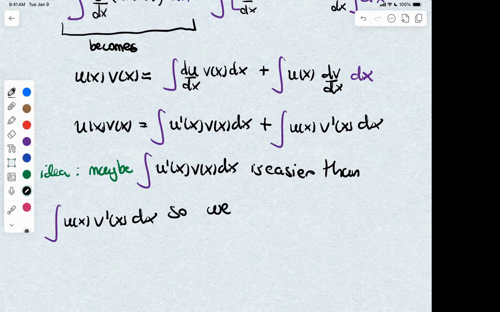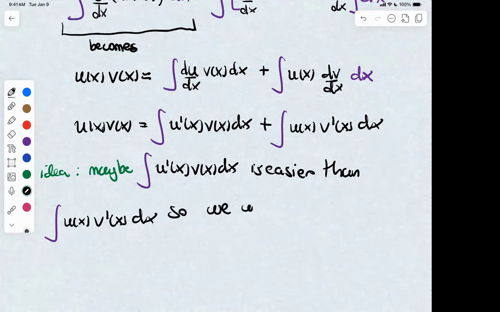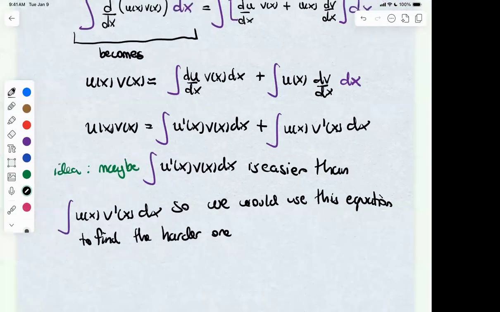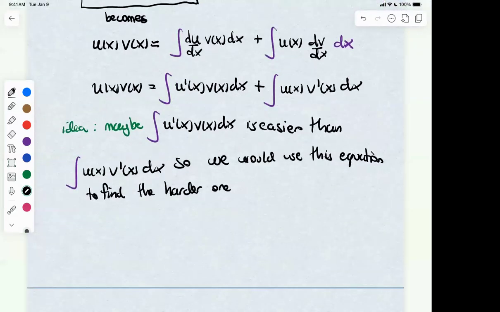So we would use this equation to find the harder one. This is the formula in the way we will use it for today.